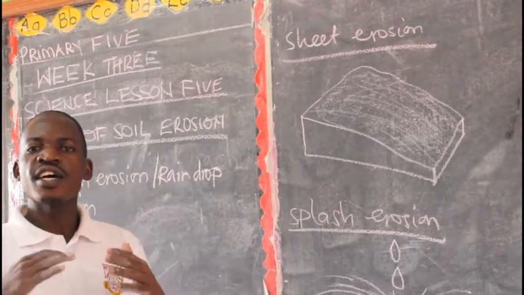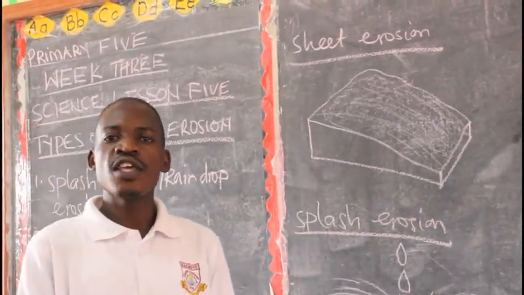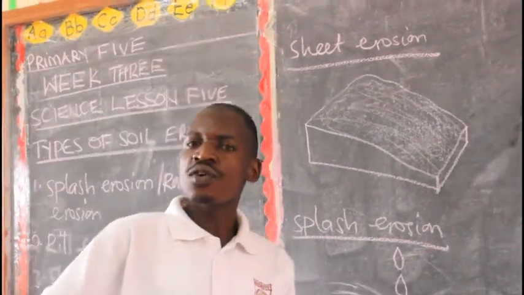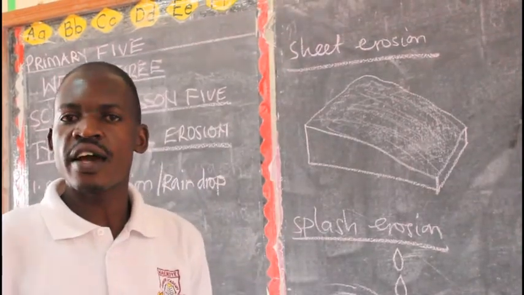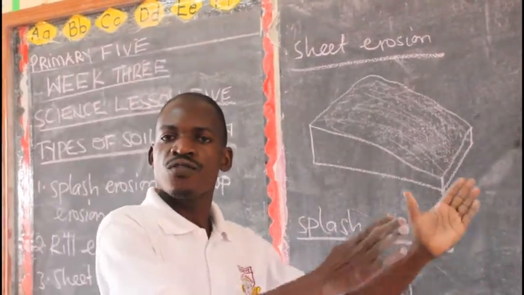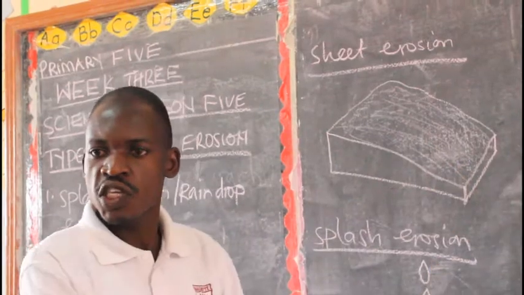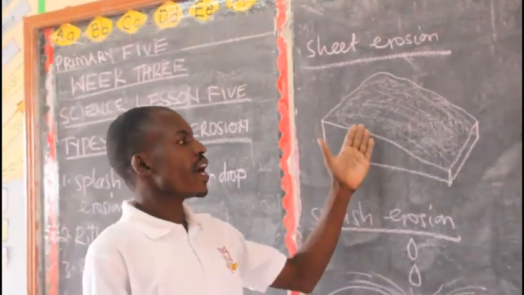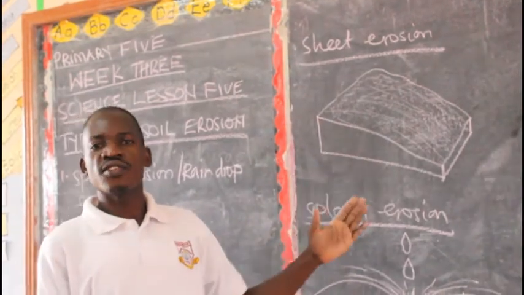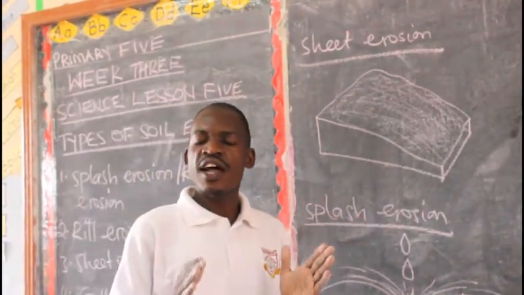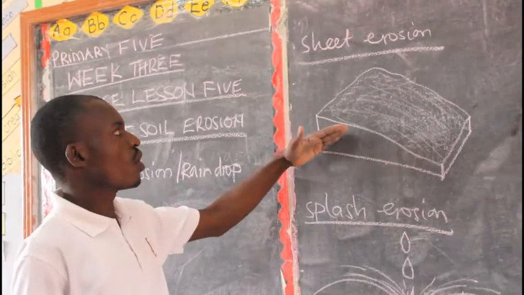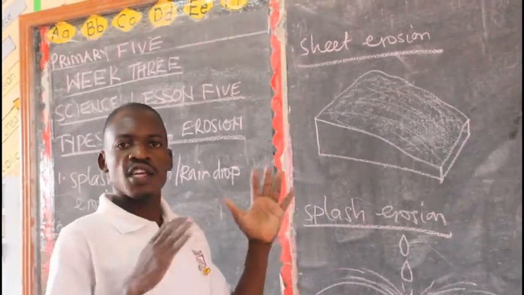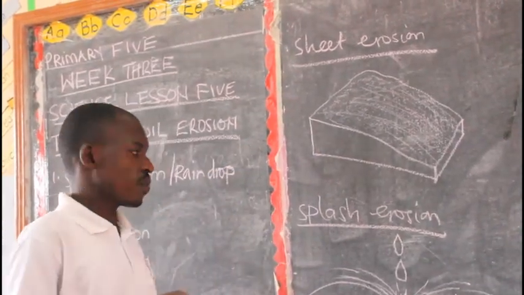It happens on the gentle slopes of an area, whereby when flowing water moves from the upper part and washes everything, it goes uniformly without leaving behind either the rills or the gullies. So the water goes at the same pace. This is what we call sheet erosion, and it occurs on the gentle slopes.